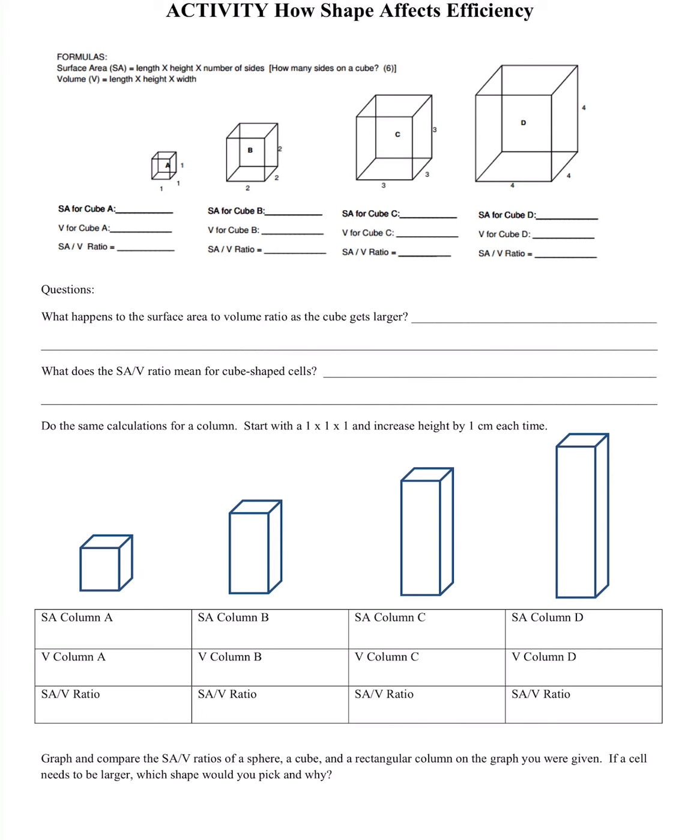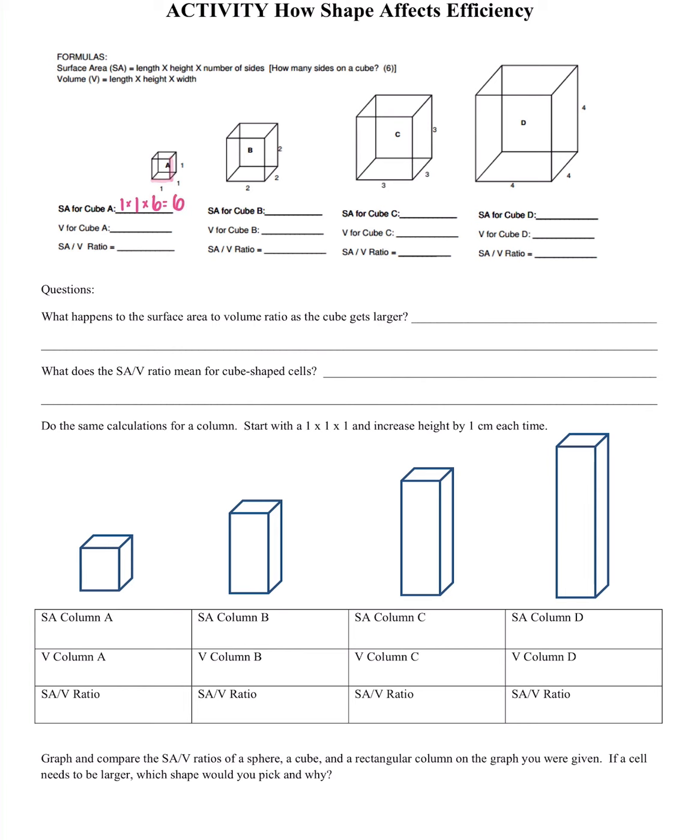So let's do the first one together. Okay, cube A is 1 by 1 by 1. So to find the surface area, I'm going to multiply the length of 1 times the height of 1 times the number of sides on a cube, which is 6. So that's going to be 1 times 6 equals 6.